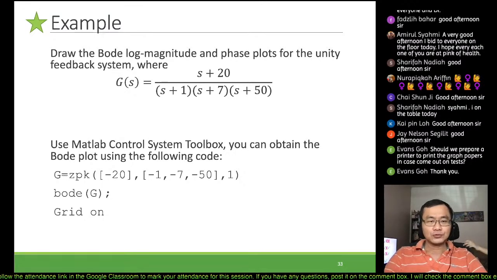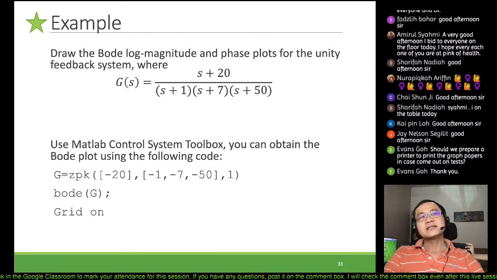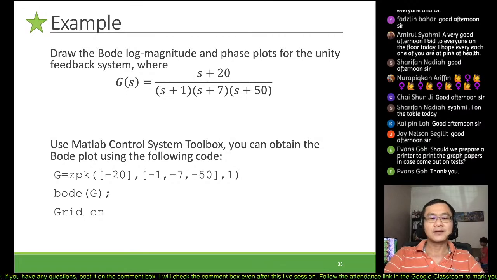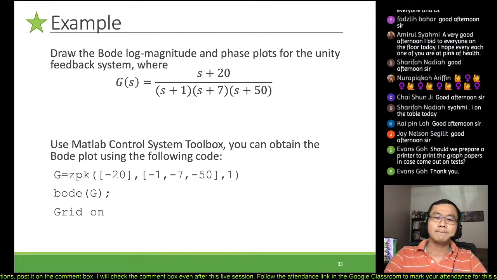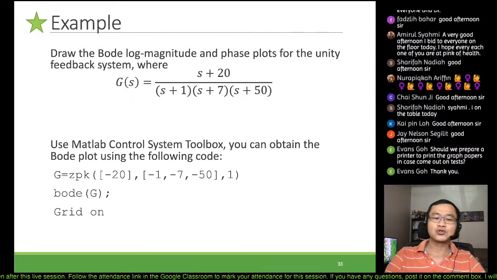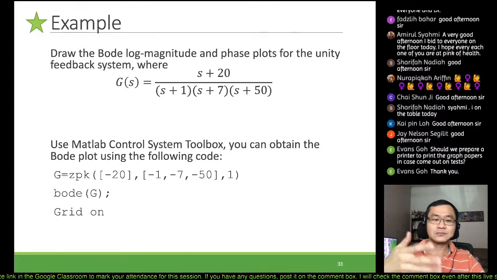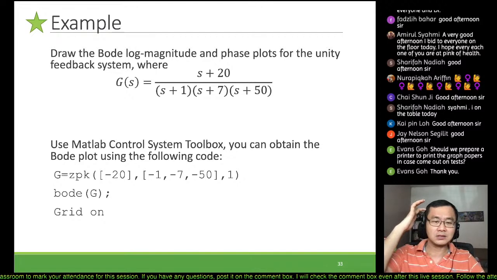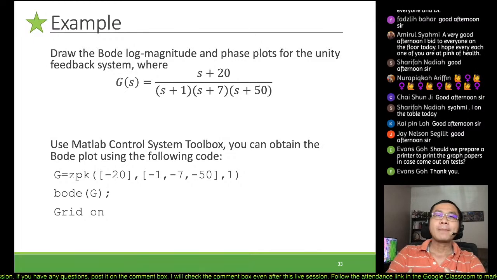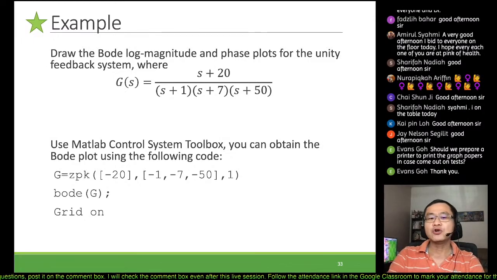Come to the plotting. Since I said you can easily plot using a computer, yes, you can easily do that by using this command. If you use MATLAB, then you just go to the MATLAB Control System Toolbox. Then you just type this command in your MATLAB console.